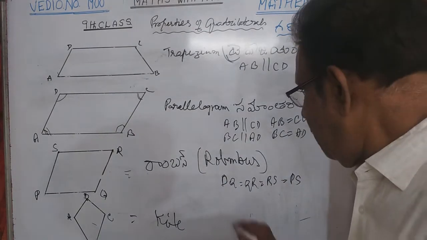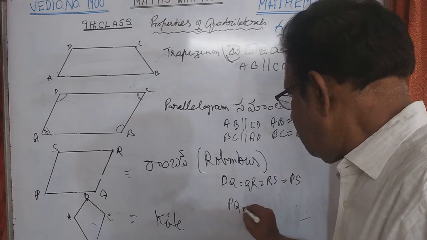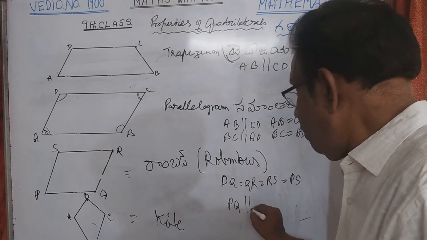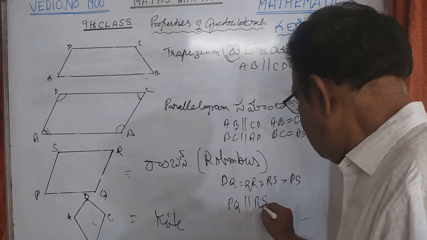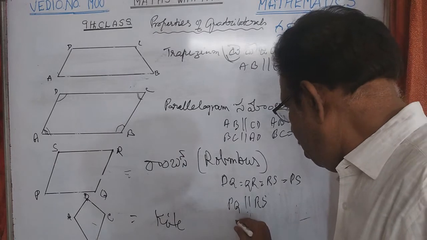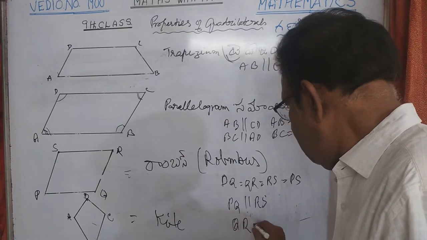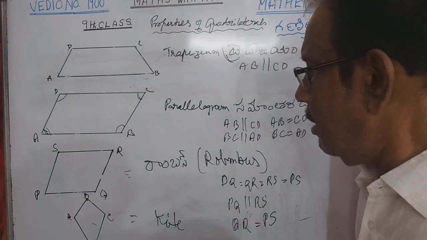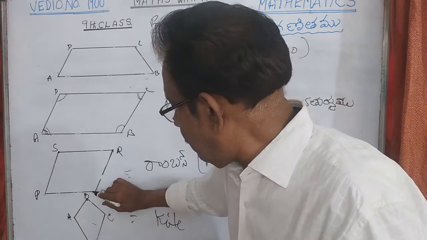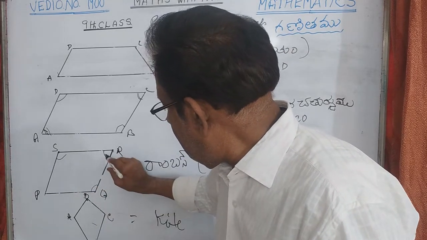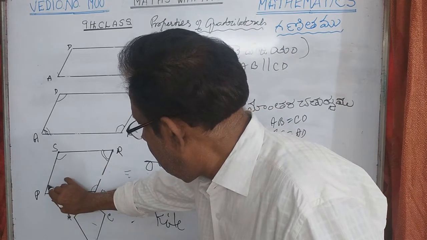PQ is parallel to RS, and QR is parallel to PS. Here also, opposite angles are equal. Angle S is equal to angle Q, and angle R is equal to angle P.